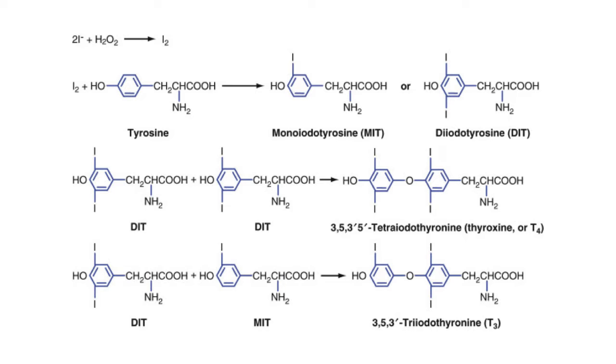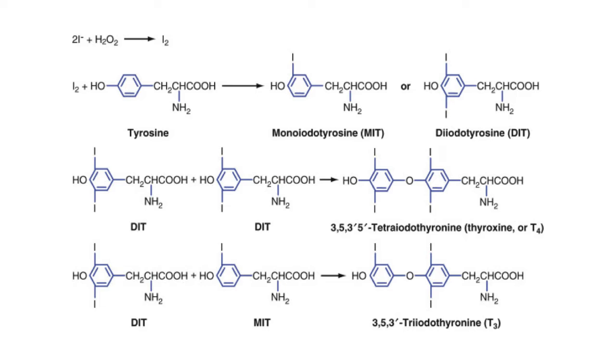The diiodotyrosine will combine with another diiodotyrosine in the process known as coupling to form T4, tetraiodothyronine, also known as thyroxine. Another combination is that diiodotyrosine can fuse with monoiodotyrosine to form triiodothyronine or T3, which is the active and potent hormone.